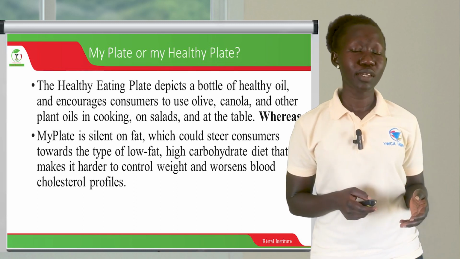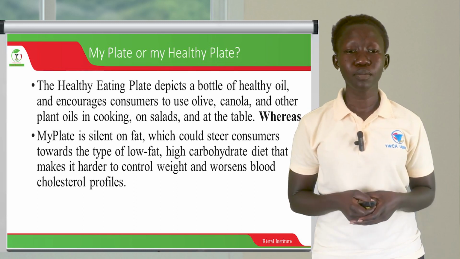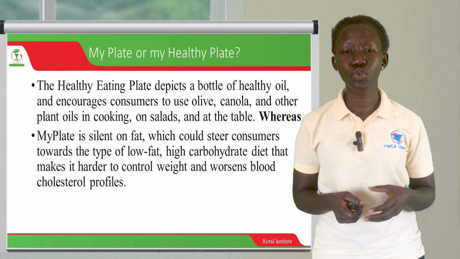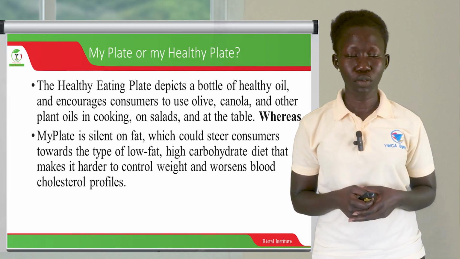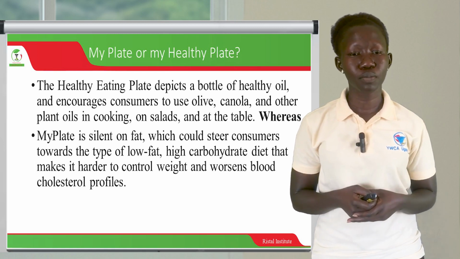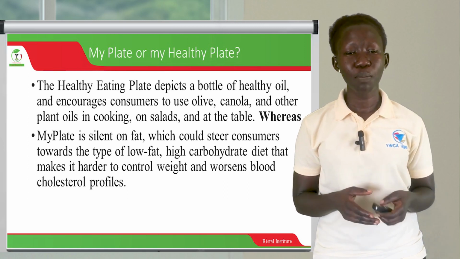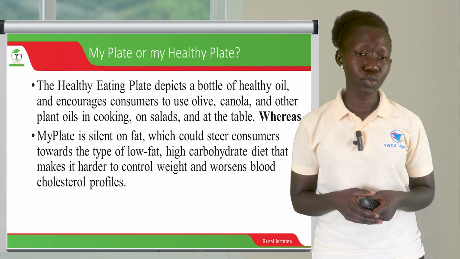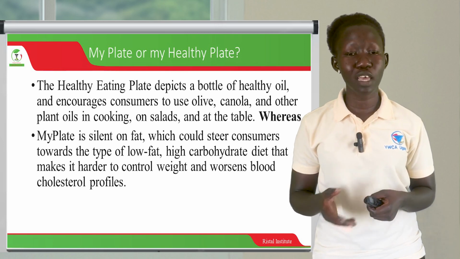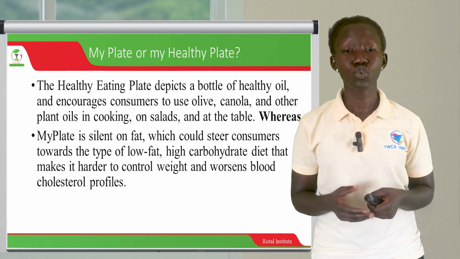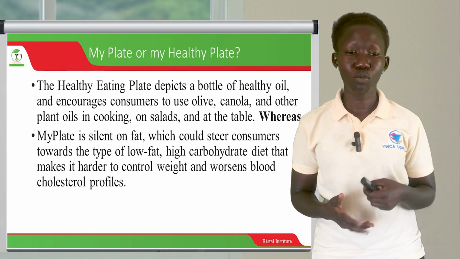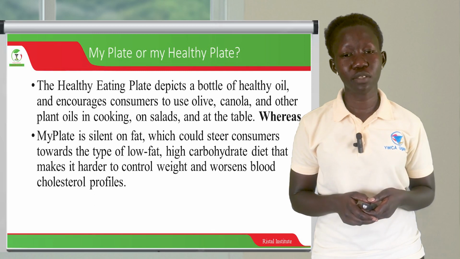The Healthy Eating Plate depicts a bottle of healthy oil and encourages consumers to use olive, canola, and other plant oils in cooking, on salads and at the table. However, the My Plate is silent on fats, which could steer consumers towards the type of low fat, high carbohydrate diet that makes it harder to control weight and also worsens blood cholesterol profiles.